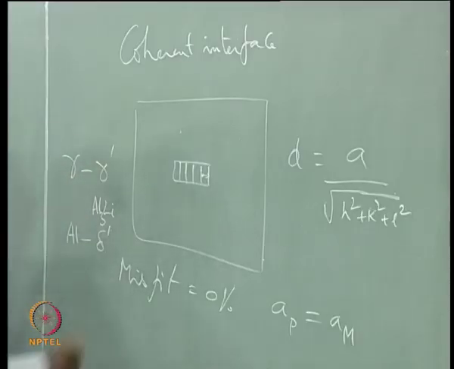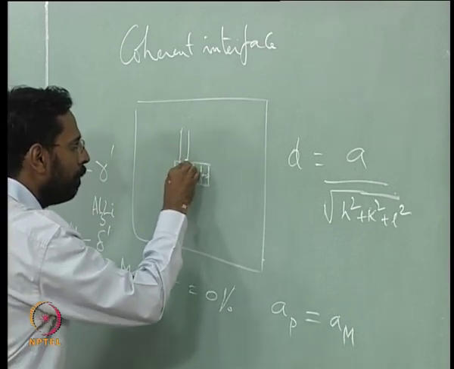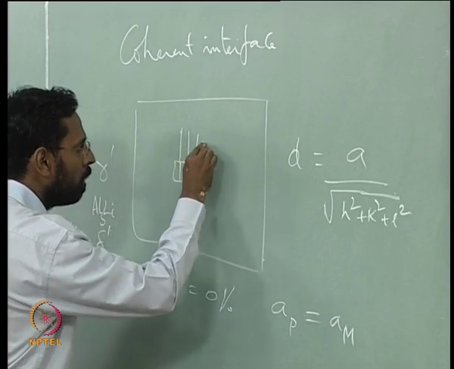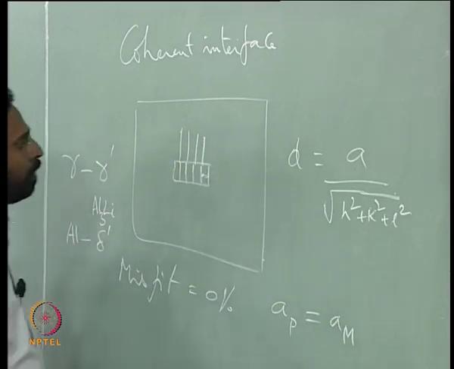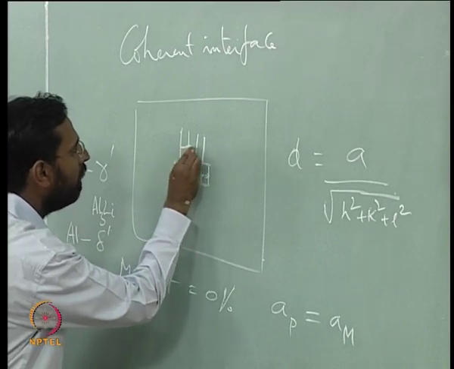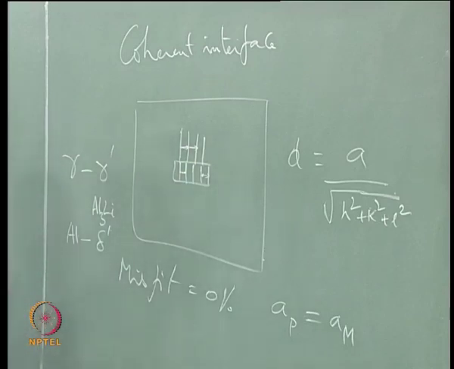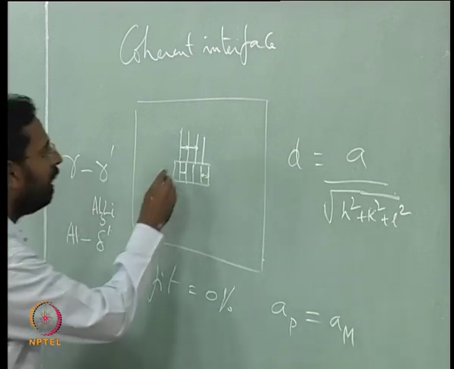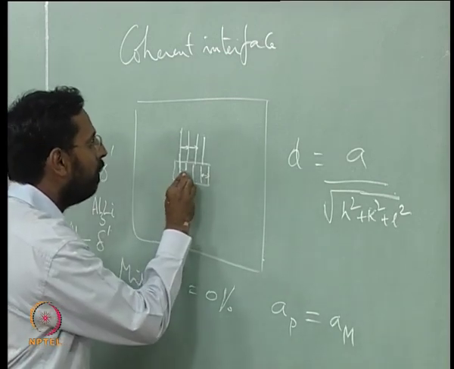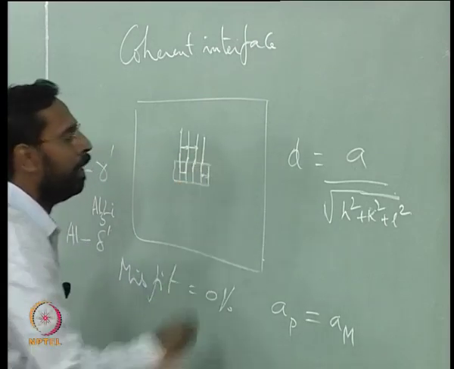For the same plane here, what I would like to say is that this spacing is slightly larger than this spacing by about a few percent, let us say. If the d spacing is slightly larger, what happens is there will be some kind of a bending at the interface of the planes.